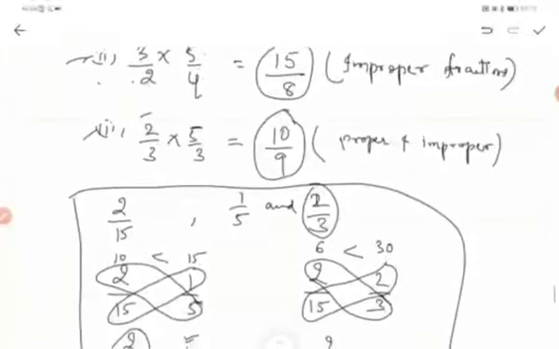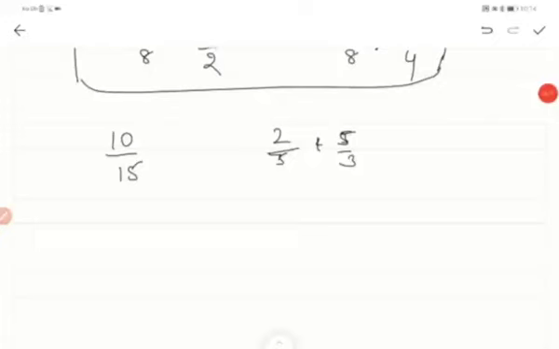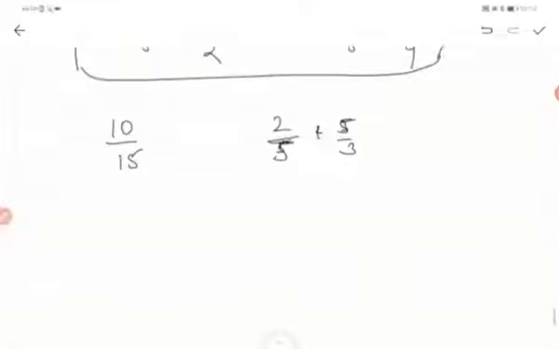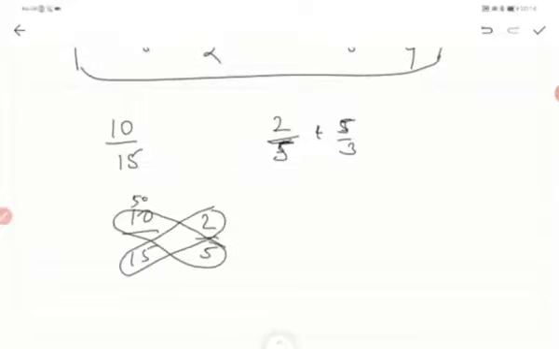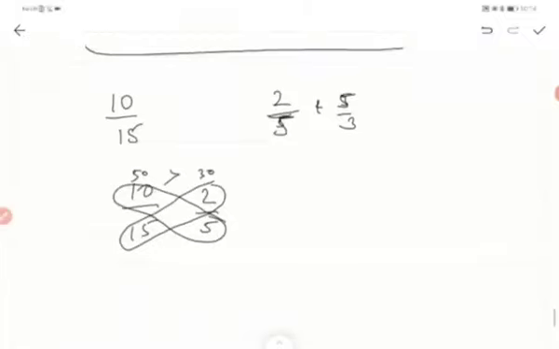Let's do this third one. The product is 10 by 15, and the fractions given were 2 by 5 and 5 by 3. Let's compare 10 by 15 with 2 by 5. So 10 fives is 50 and 15 twos is 30. Here 50 is greater than 30, therefore 10 by 15, the product, is greater than 2 by 5.